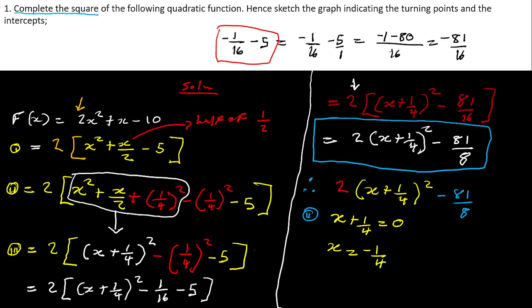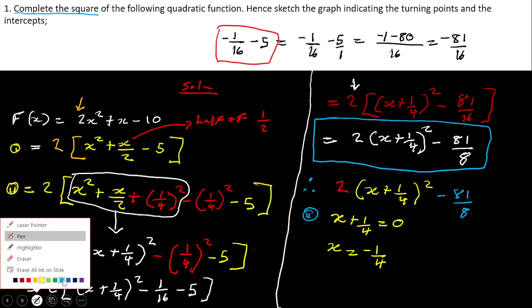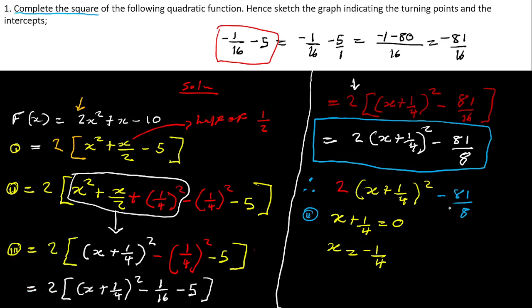This is the x coordinate of the turning point. Then the y coordinate of the turning point is simply the other part, the one in blue, which is negative 81 over 8. So these two now give you the values of the turning point.